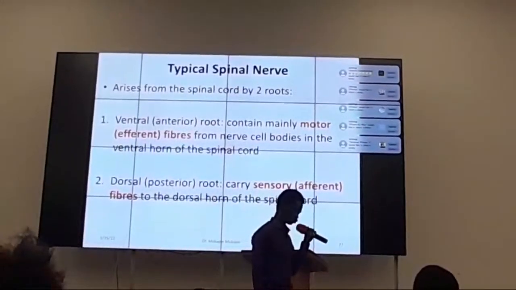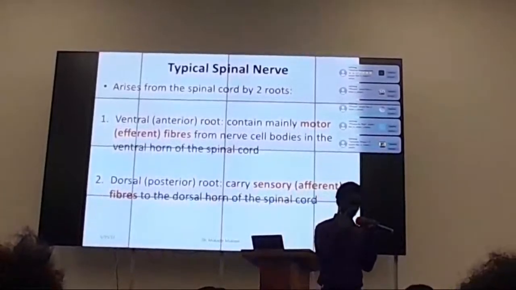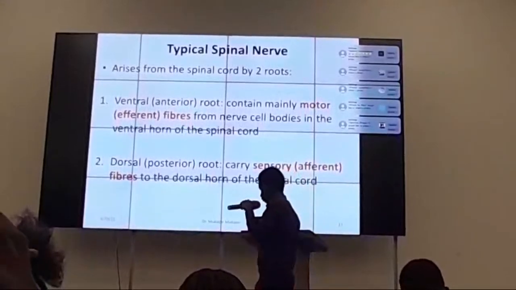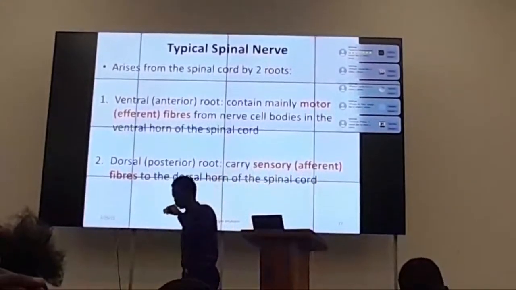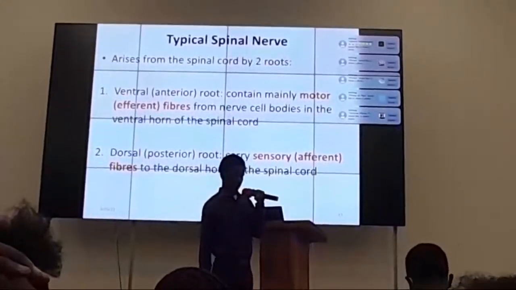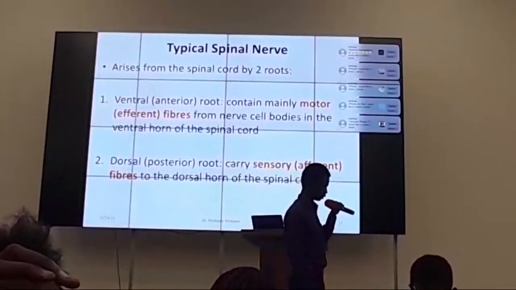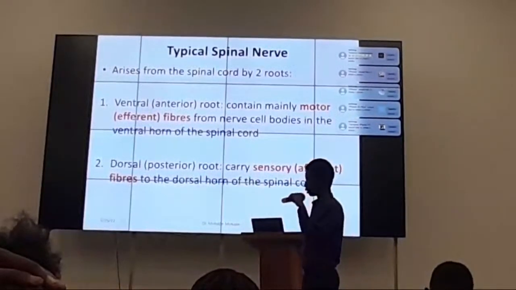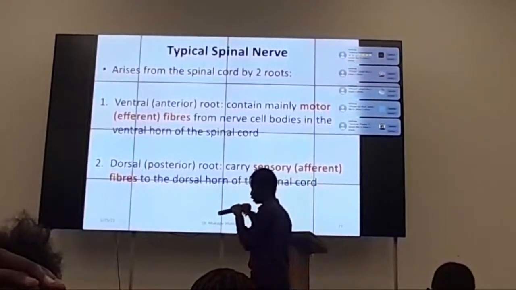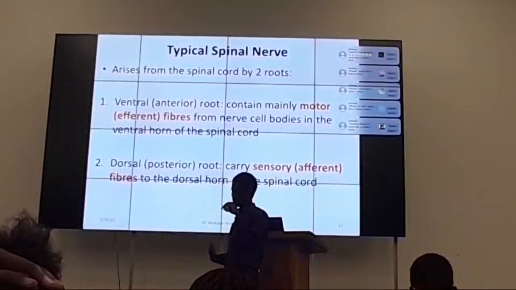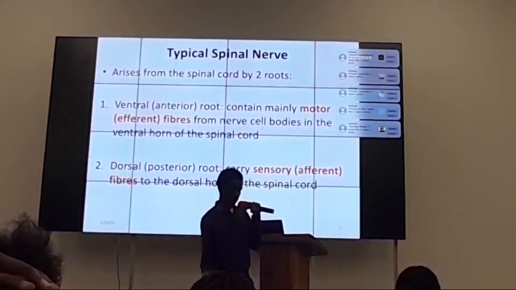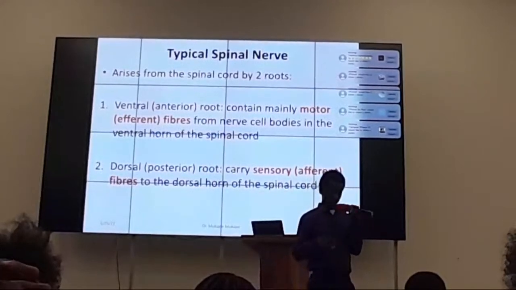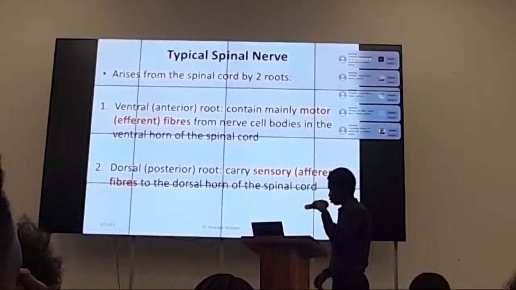You can be asked to draw a well-labeled diagram of a typical spinal nerve, or to label a typical spinal nerve arrangement. When you start your dissections, you find intercostal nerves, for instance. You must know those intercostal nerves.